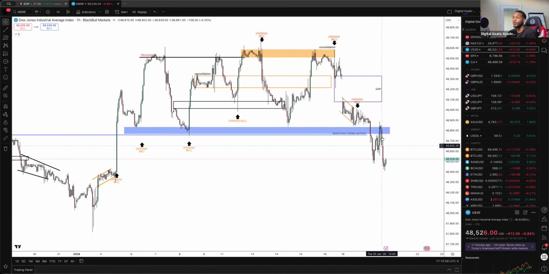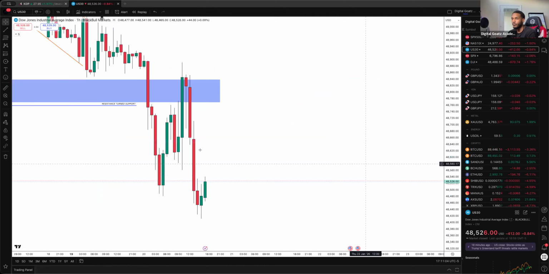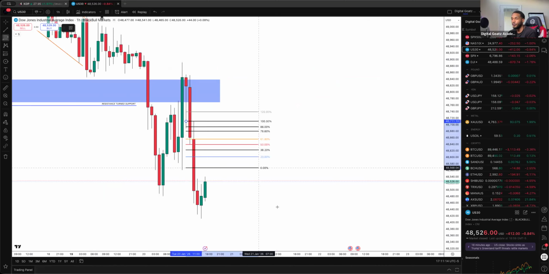Obviously, there's imbalance over here if you look at it. We got imbalance right here. We got a little bit of imbalance if price is not respecting this area. So if you're looking for an entry, for me, obviously we want to at least see 50%.